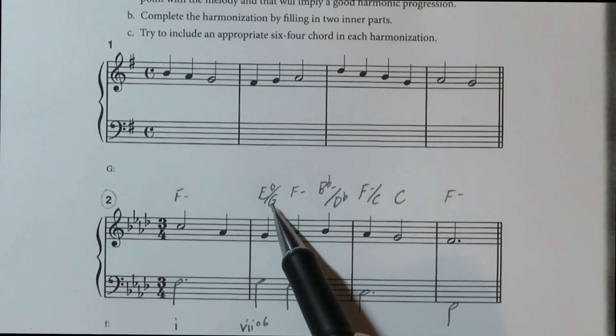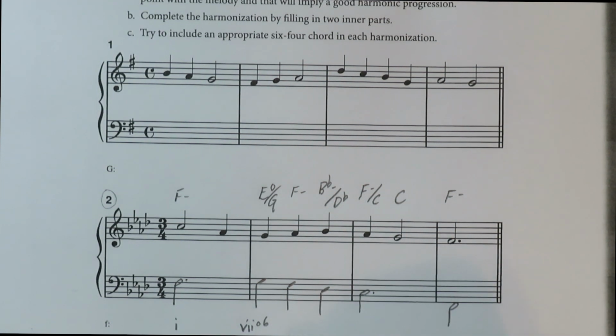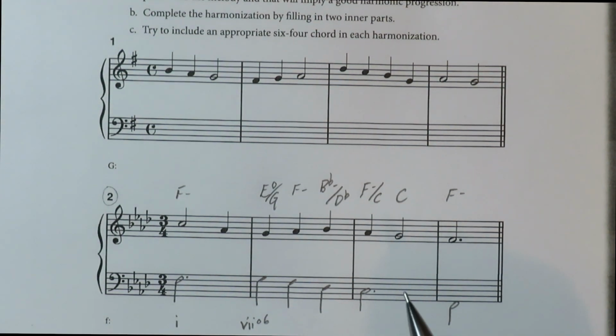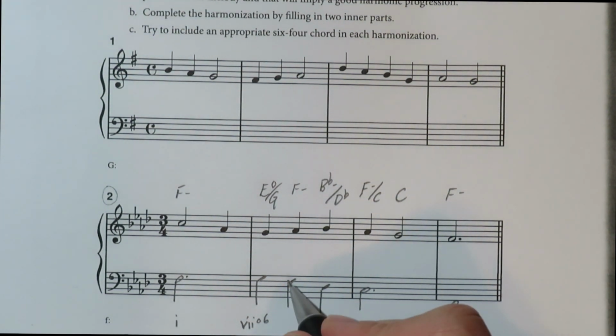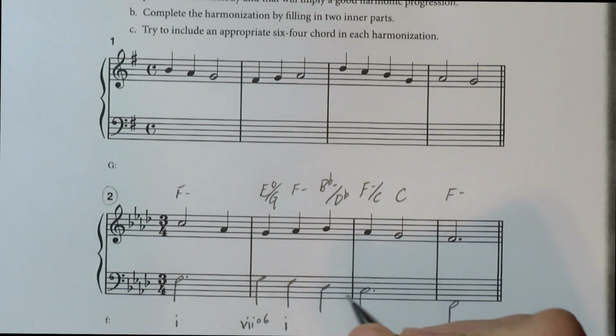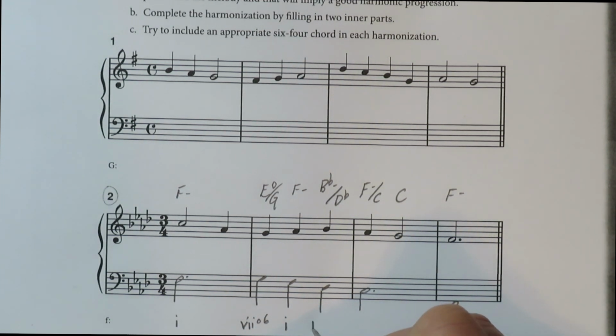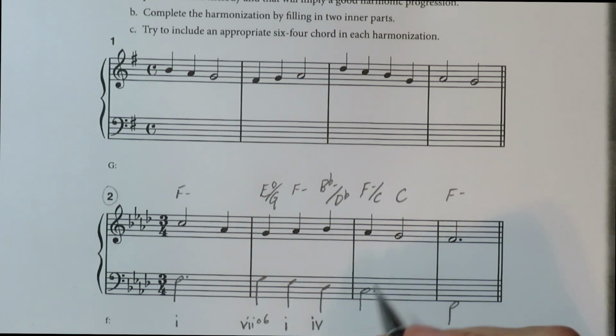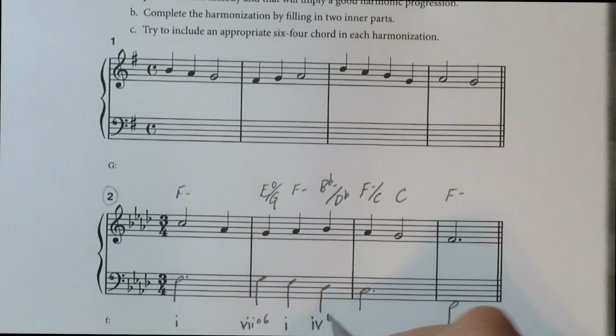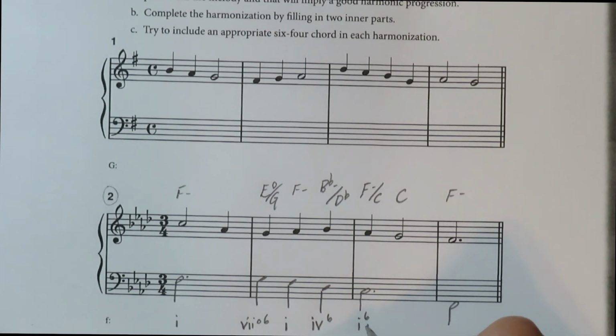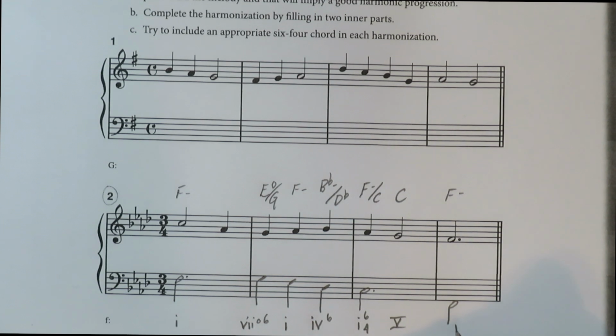First inversion is the most common practice for diminished triads. And here we go, the 1. And then we have a minor 4 chord in first inversion. And then we have the 1, 6, 4. And then we have the 5 and the 1.